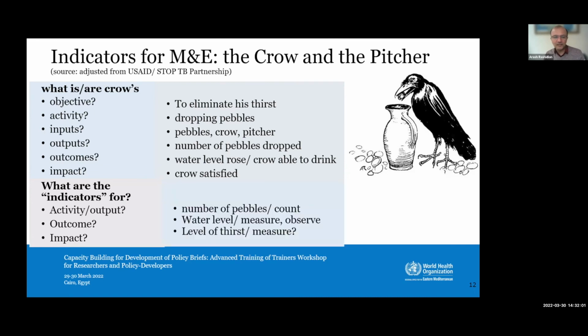In terms of activity and outputs, it's counting the numbers, and for outcome, as Mohammed mentioned, water level rising, so you can measure it or observe it. And the impact, being satisfied, could also have a subjective way of measuring.